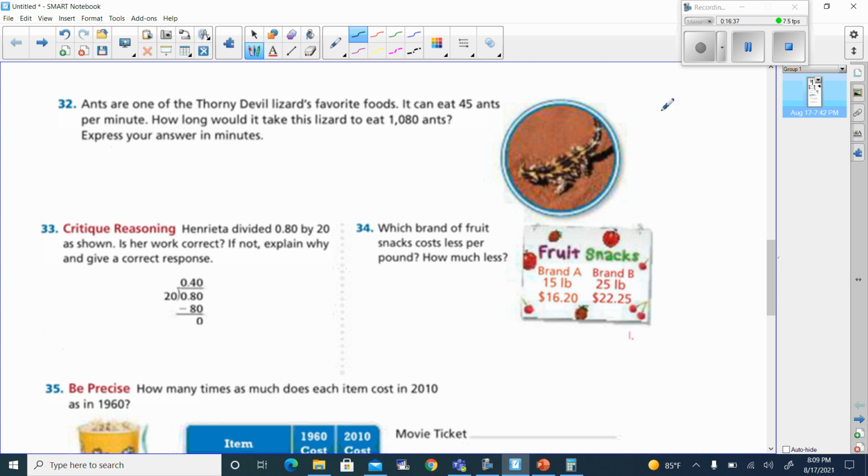Well, we're trying to find time, and the amount of ants is 1,080. And let's see. It said that we can eat 48 in 1 minute. So we're going to divide this by 48 to find out how many minutes it will take to eat 1,080.